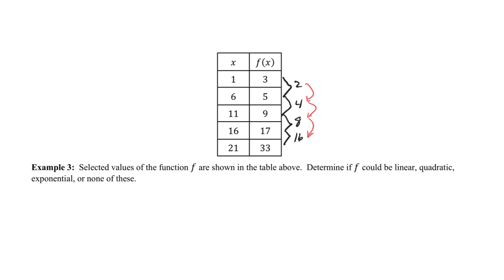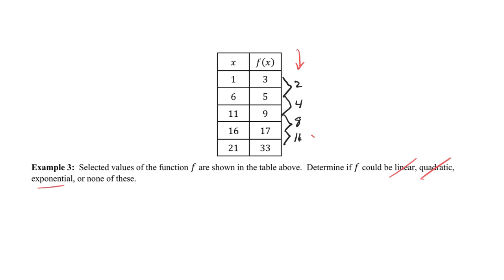If we subtracted those and got the same number, then we could say it's quadratic, right? But we're not going to get the same number, so we're going to erase those lines here. So it's definitely not linear because this is not the same. If my second one was the same, it would be quadratic, and they're not, so it's not quadratic.